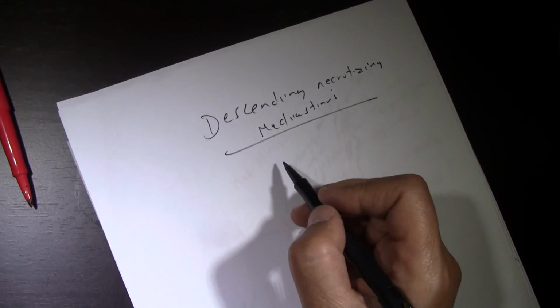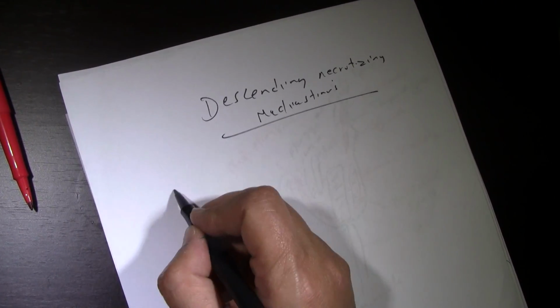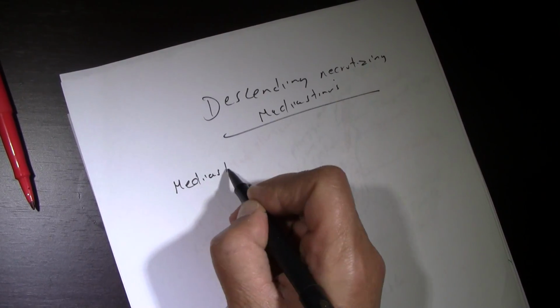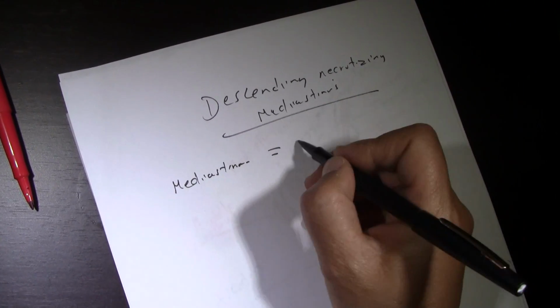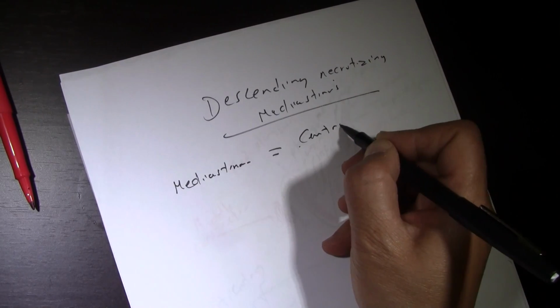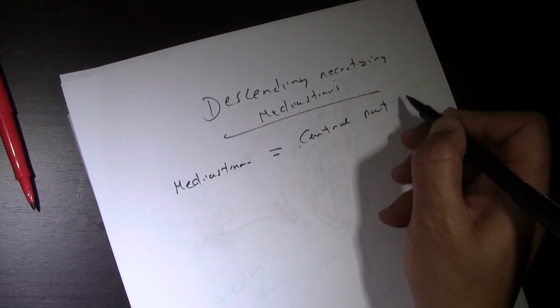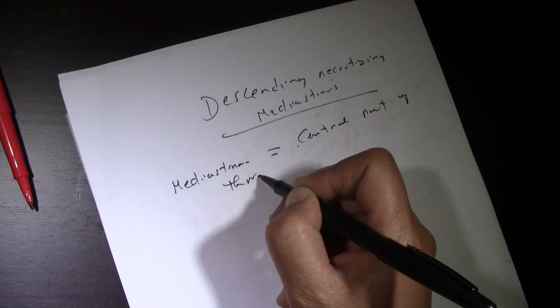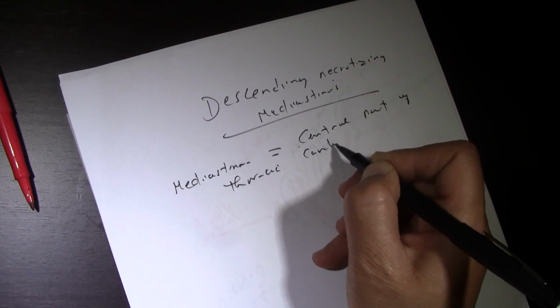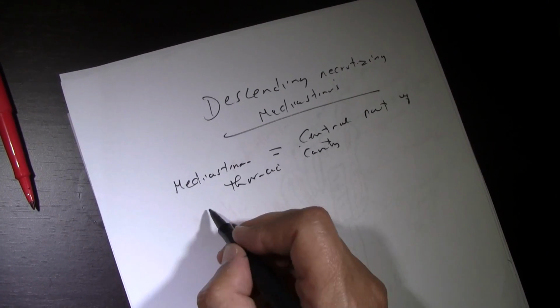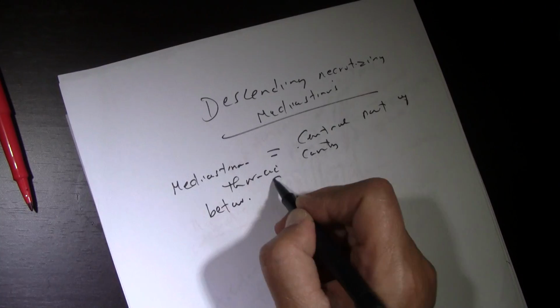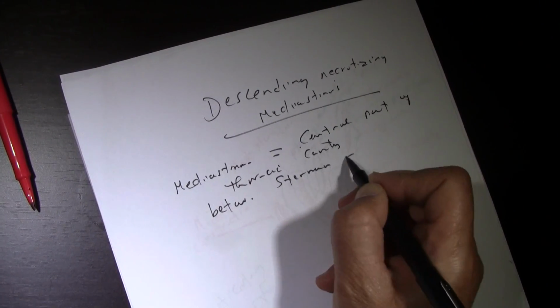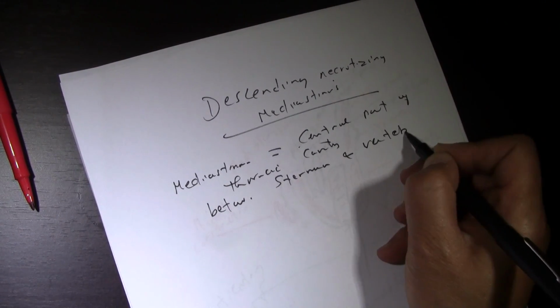So the mediastinum, as I told you, equals the central part of the thoracic cavity, which is located between the sternum and vertebral column.